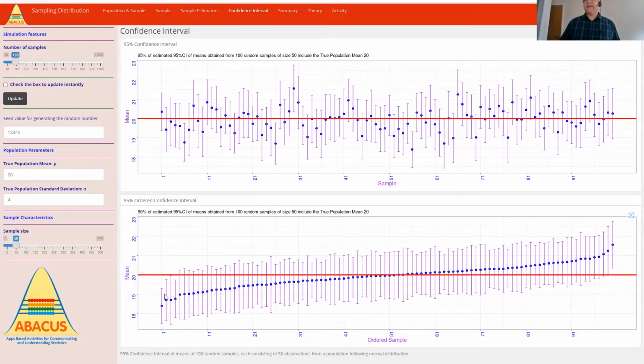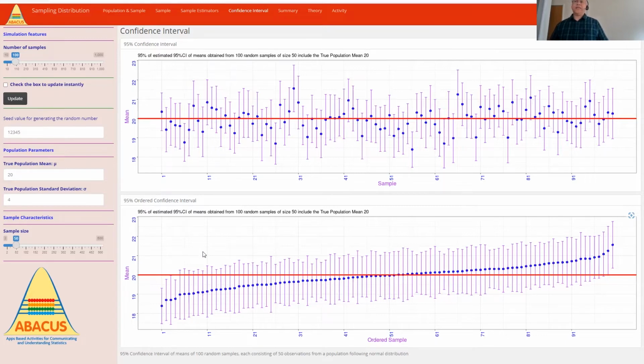Here it has come out exactly as 95%, but it will just happen on average. As you can see, the first three and possibly the last two are outside and don't include that red horizontal line. All the other confidence intervals include the red line.